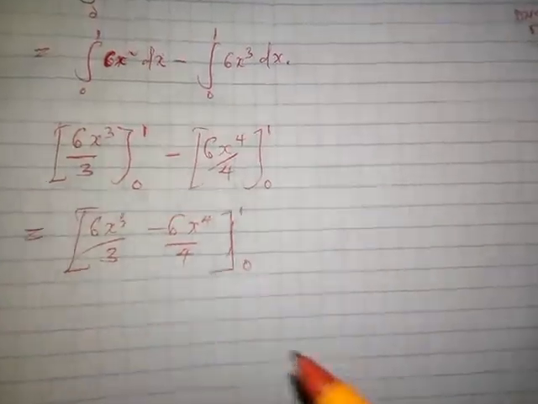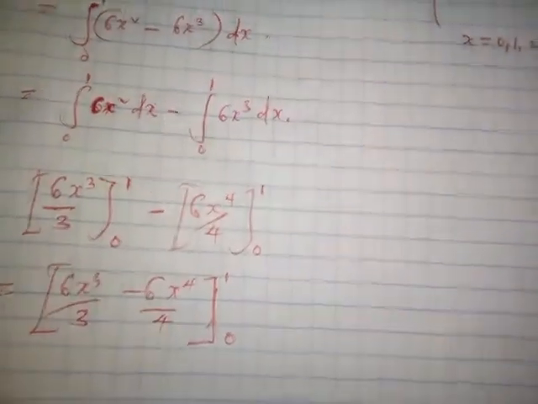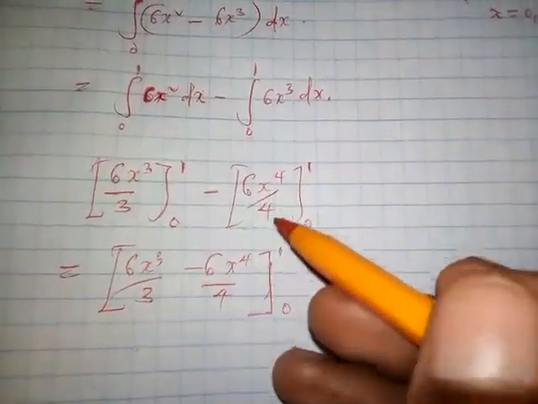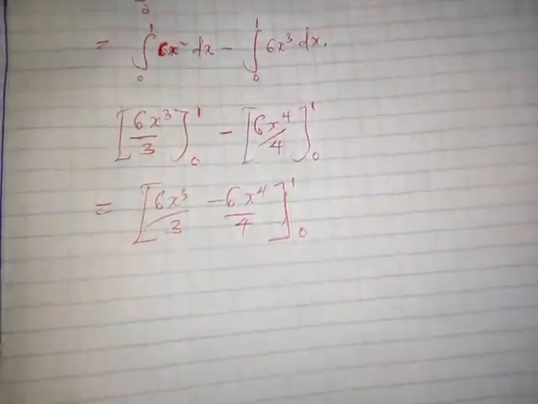Substituting in the values, where there's x, we substitute with 1, then 0.